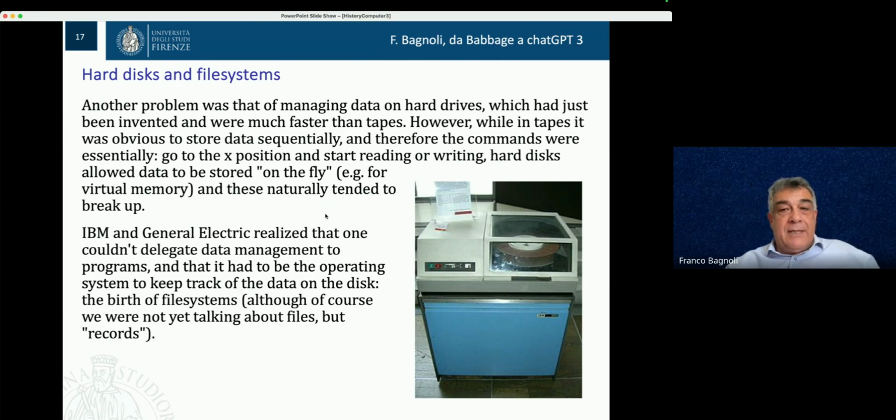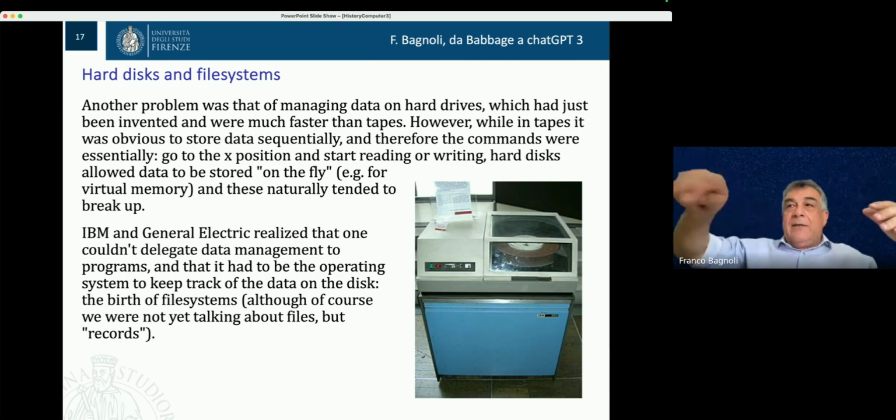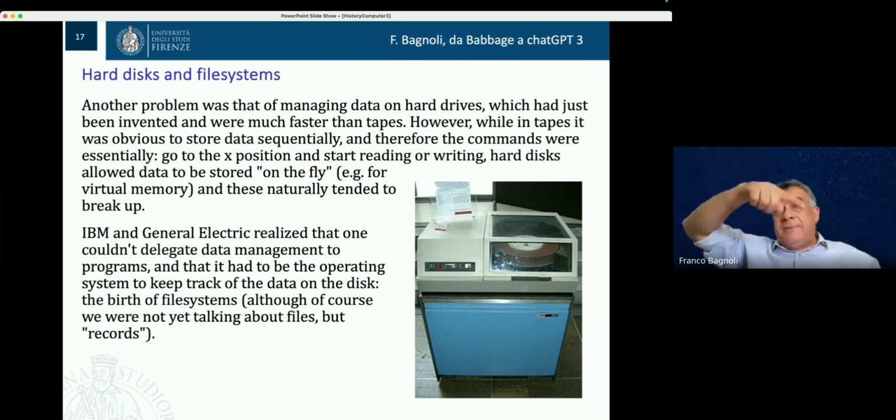These were rather complex things. While a hard disk is like having a lot of small tapes in parallel with a head that can move. They are not tapes, they are cylinders, but this is essentially the idea.